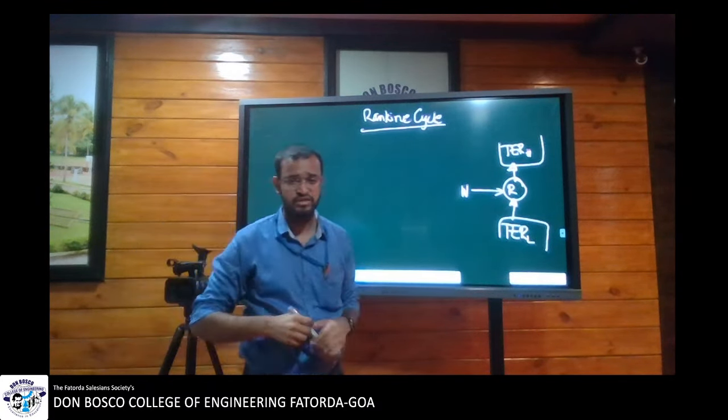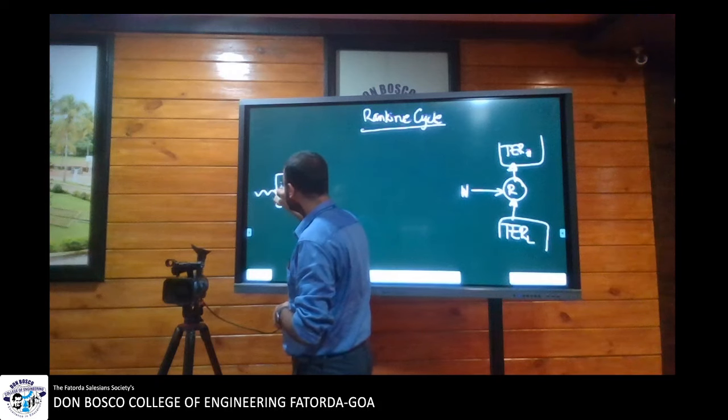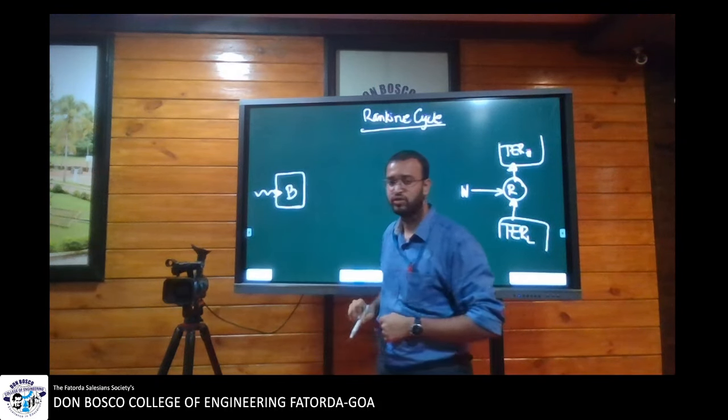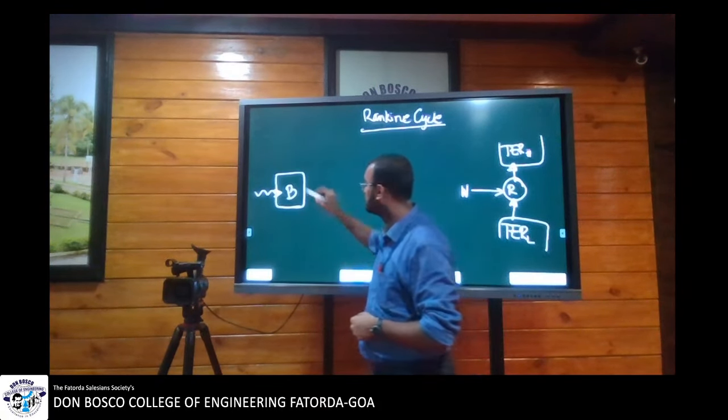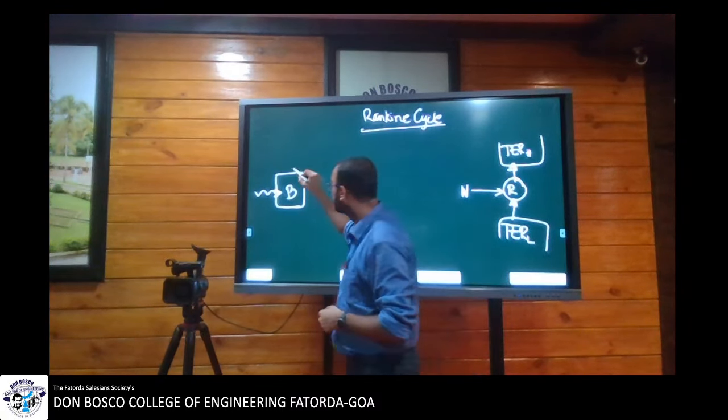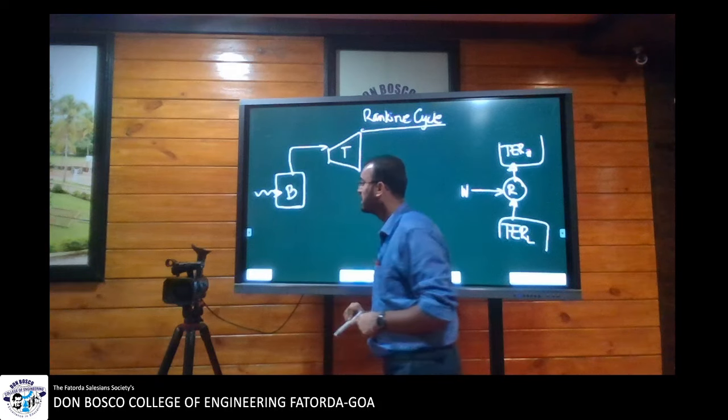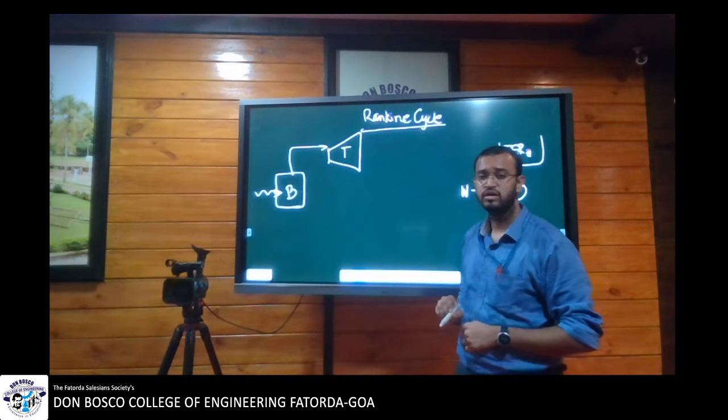So you have a heat input device or a boiler, where heat energy is supplied to your working fluid. Now this working fluid then exits the boiler and goes to an expansion device, which in this case is a turbine. Okay, so it goes into a turbine.